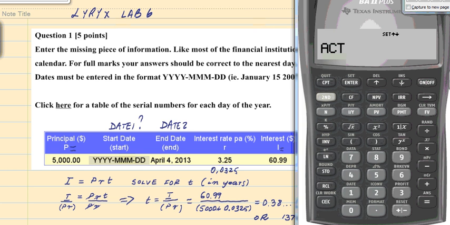So we go to date 1 and compute, and our answer in here is November 18th, but we have to enter it as 2012. So this is the answer that we want to have: November 18th.